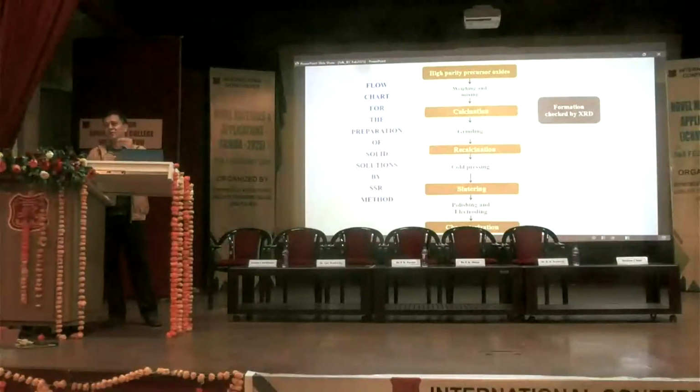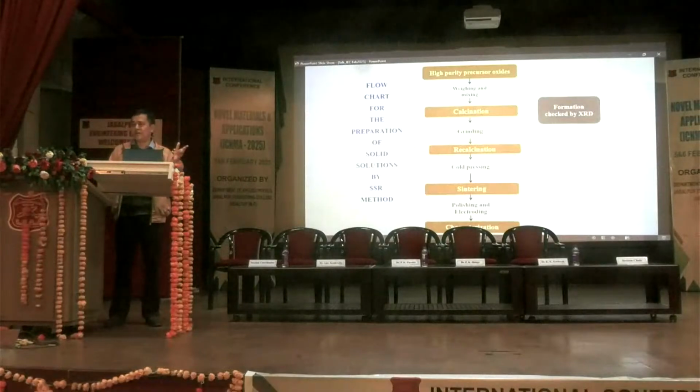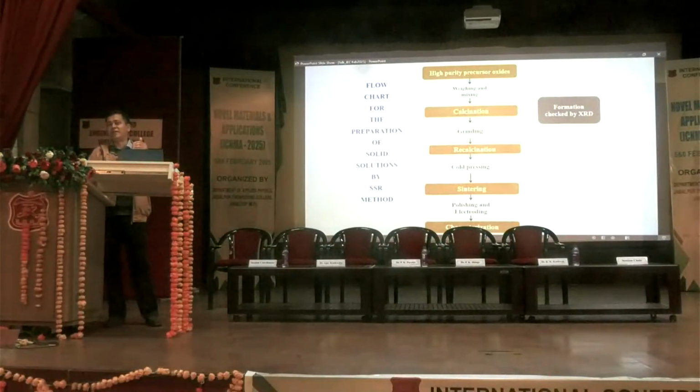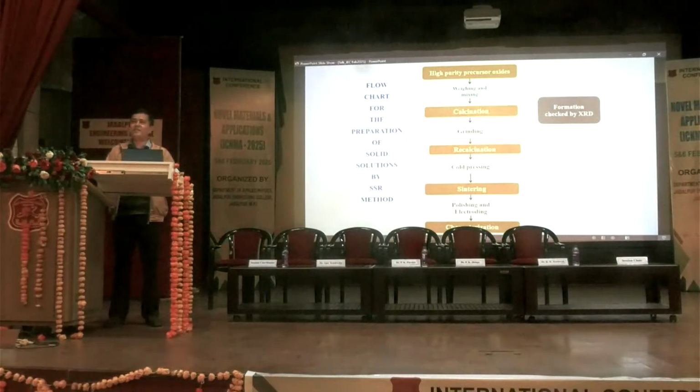Now sophisticated LCR meters are available. You just put the sample in, the data is automatically transferred to the computer, and you can analyze whatever parameters you want for your research. Similarly, if you want to study the behavior of dielectric constant and loss above room temperature, you need a small furnace associated with the LCR meter.